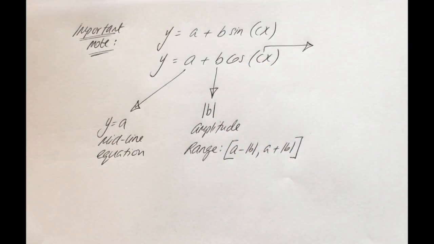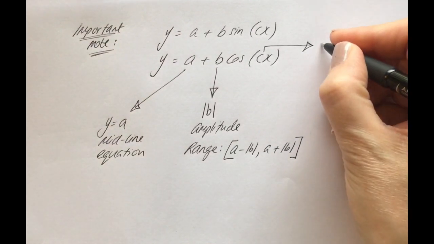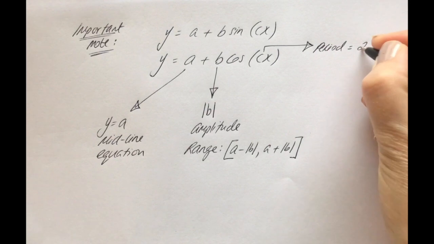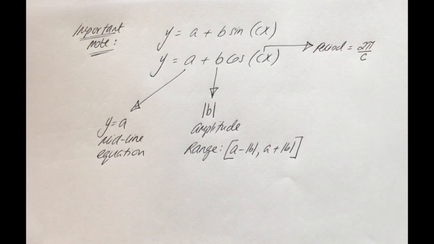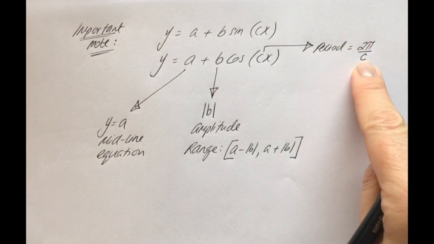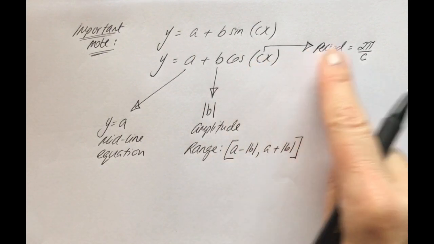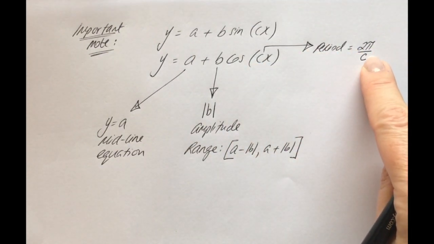Okay, so what's useful with this is there are two little equations that can be useful depending on what questions you're asked here. The period is always equal to 2 pi divided by c, or of course 2 pi is the same as 360 degrees. So that C value, whatever that value is, the period is always 2 pi divided by that, okay?